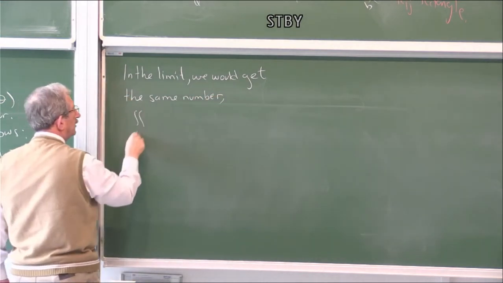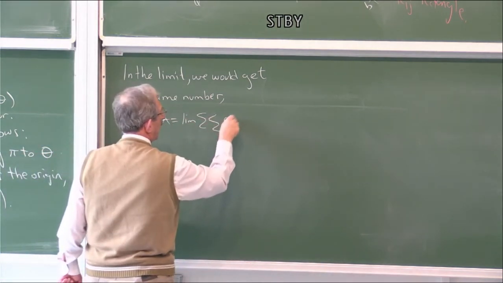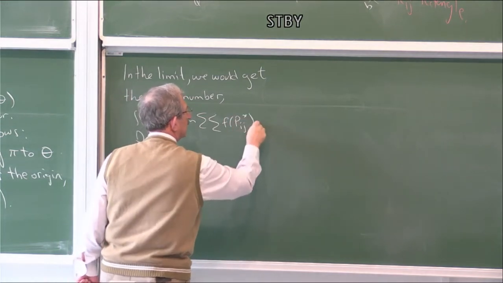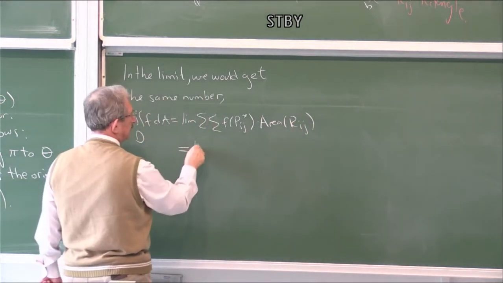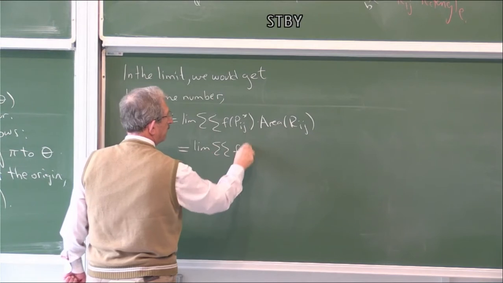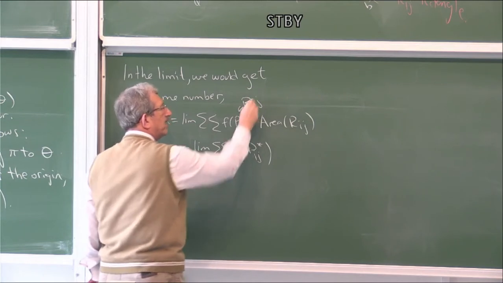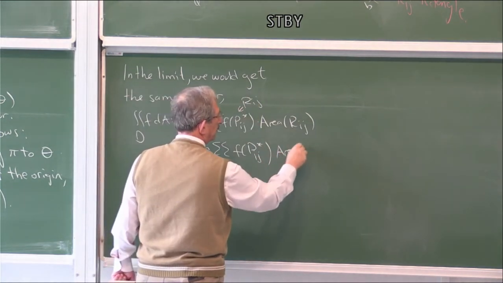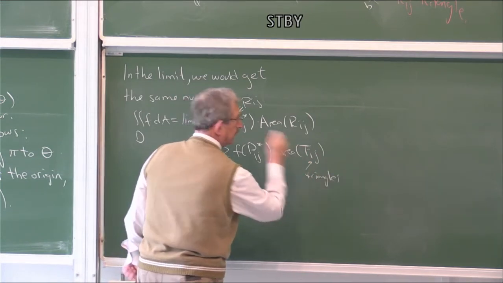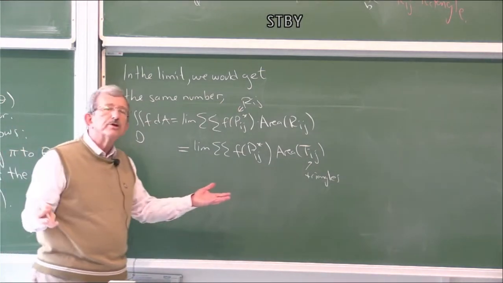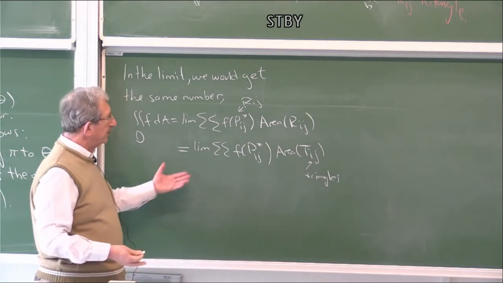Namely, the double integral, which is the limit of the sum of f of P_ij stars times area of rectangles, is the same as the limit of f of P_ij stars, where P_ij star is in R_ij, times area of T_ij's, the triangles. Triangles are not used in general because rectangles are easier. But apart from that, theoretically, we should get the same thing.